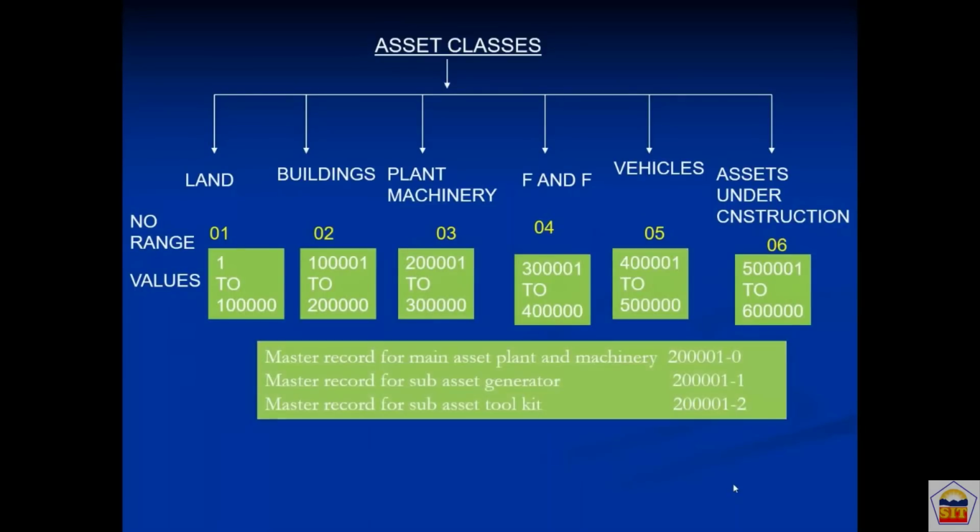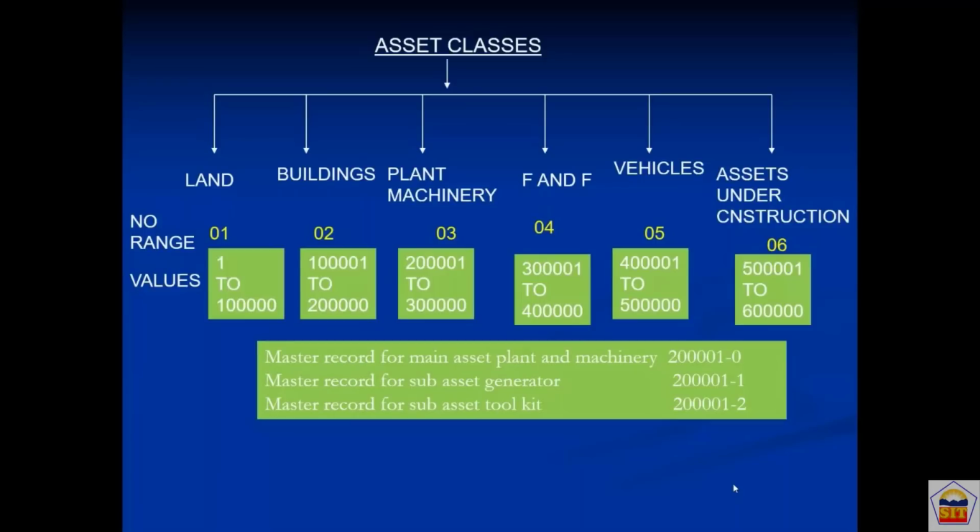Here it is saying that let's assume we need to create the asset master record, and for that we need to consider the asset class as plant. So I need to create a plant asset master record. First of all, we will consider the asset class as plant and machinery, and for that, what number range do we have?